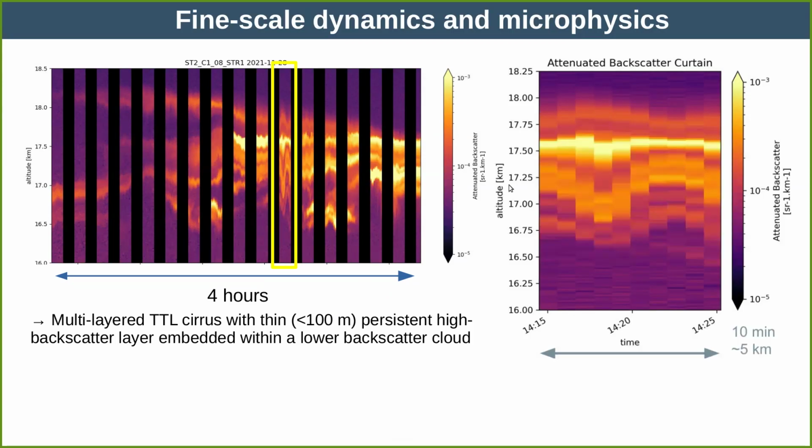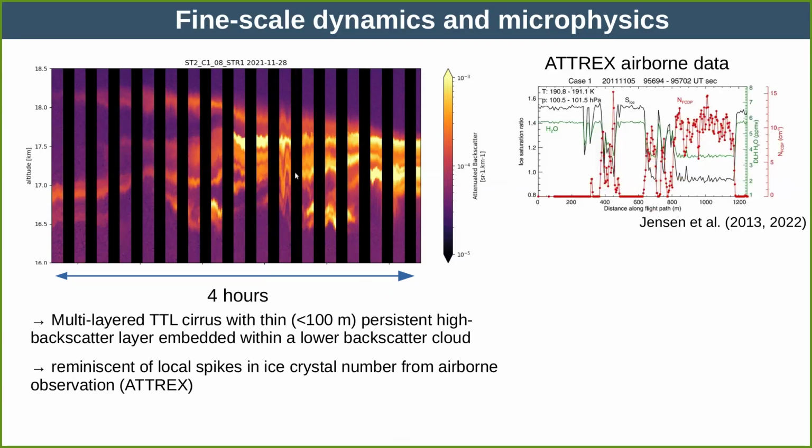And actually, this kind of observation is reminiscent of local spikes in ice crystal number concentrations that were reported from the airborne ATREX data. On this plot, in red is the ice crystal number concentration measured along the flight path, and those spikes are quite similar to what we observe.